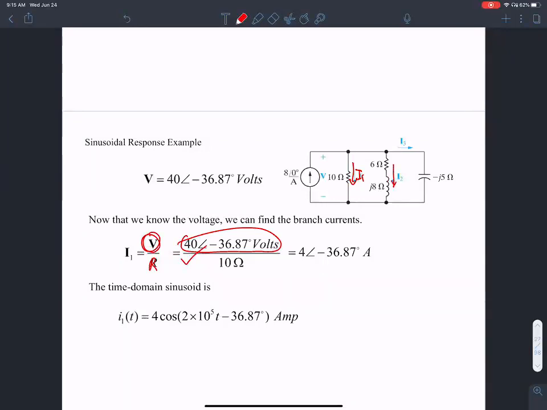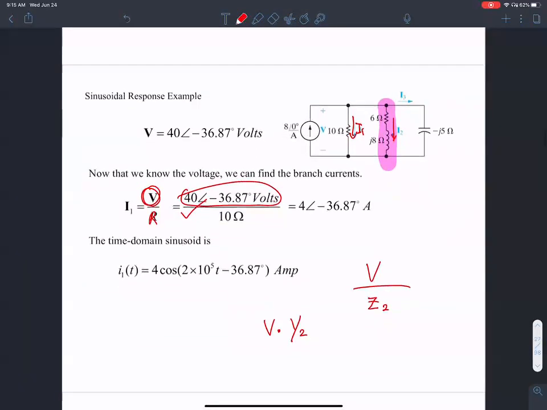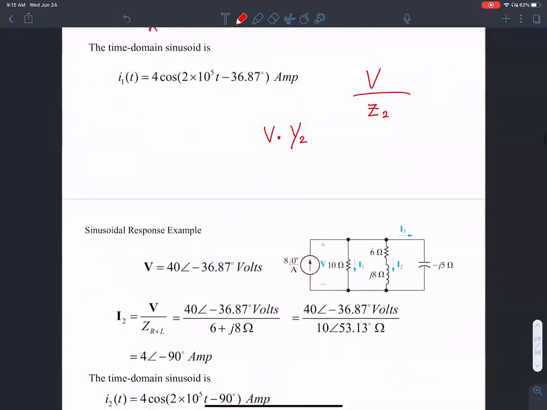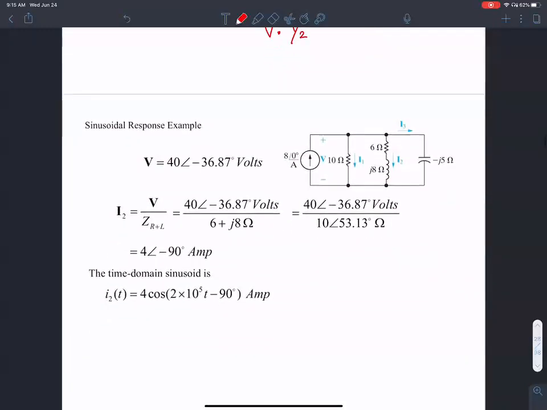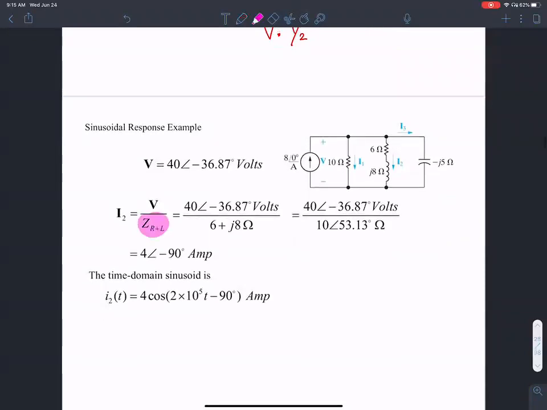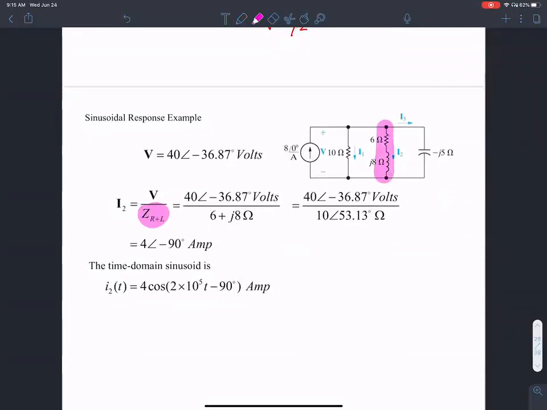The current through the next branch is the same voltage V divided by the impedance Z2 of that branch, or V times the admittance, the reciprocal of Z2.